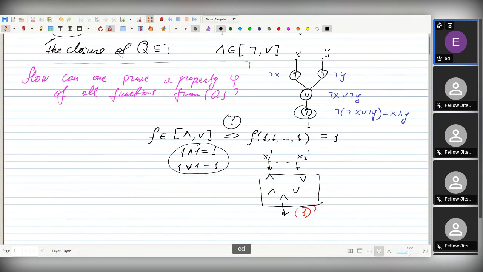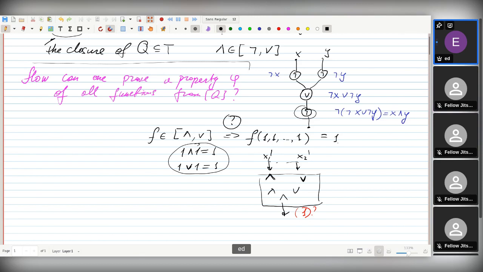Is it true that every function you may obtain with a circuit that consists of just conjunctions and disjunctions also preserves one, that is, when applied to the tuple of ones, it returns one? Is it true or false? True. It is true, in fact, of course.